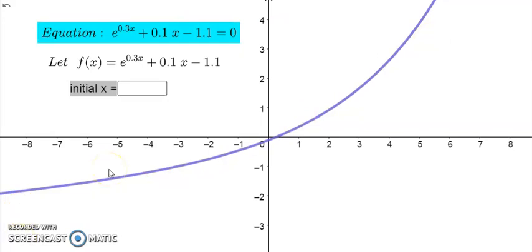Before that, what the Newton-Raphson method actually does is use a point along the graph to form a tangent line that touches the graph at that point.